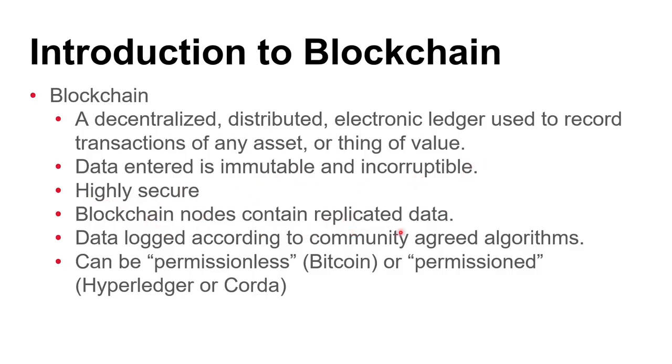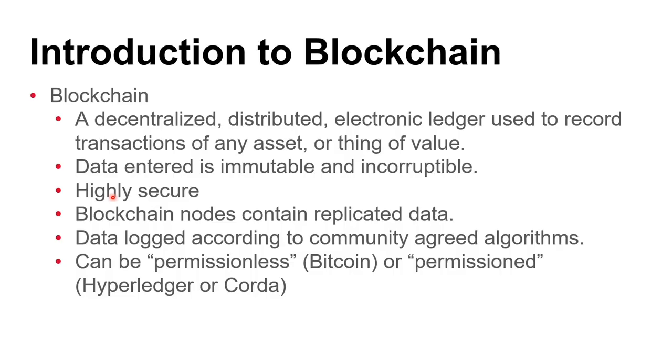And the blockchain nodes contain replicated data. So since every node on the blockchain has the same data, if any node would go offline, we would have another node ready there to take its place. And data is logged according to the community agreed algorithm. So the community actually makes the rules on how the blockchain will function.